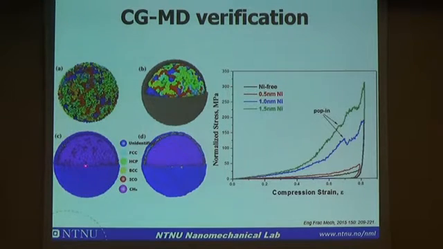So finally, those nickel atoms form a nanocrystalline structure on the surface. And then we simulate the nano-indentation compression. Here is the stress-strain curve with different thicknesses of nickel. So we can also confirm the strengthening effect of the metal coating on the polymer particles.